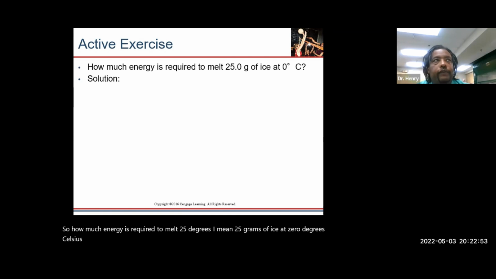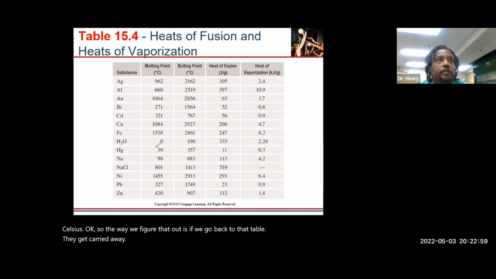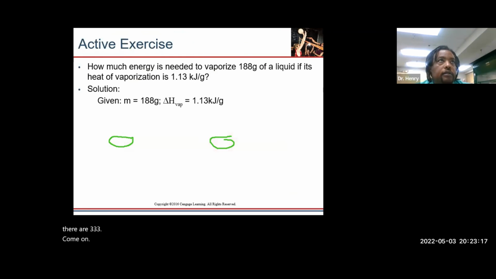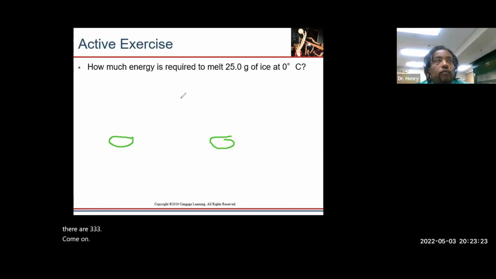The way we would figure that out is if we go back to that table, water, heat of fusion, 333 joules per gram, times 25 grams.